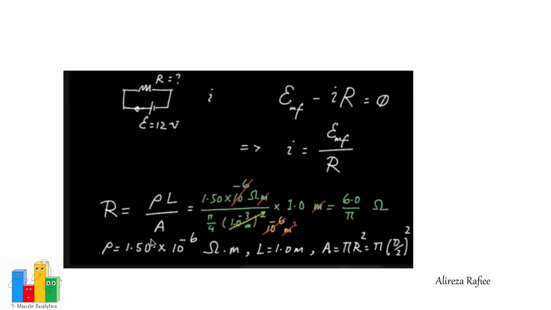Now let's go and replace this into this equation. So we have 12-volt battery divided by 6.0 divided by pi, and this would give me the current, which becomes 2 pi, and the unit would be amp, or volt per ohm.